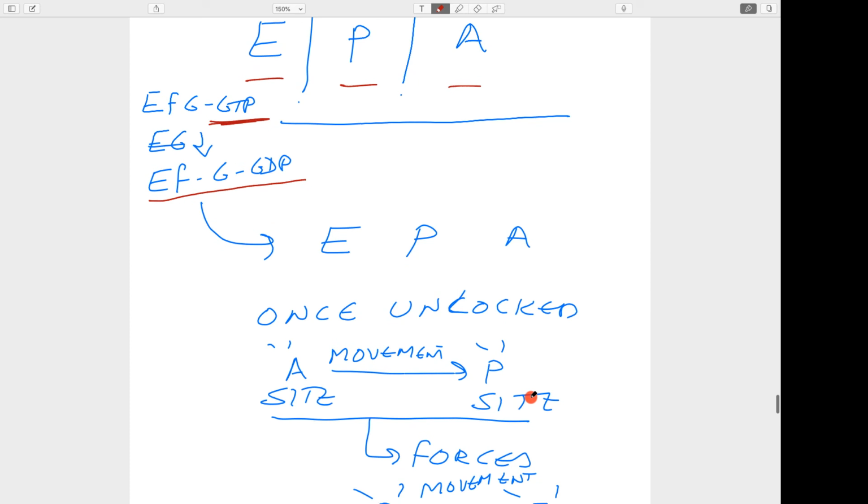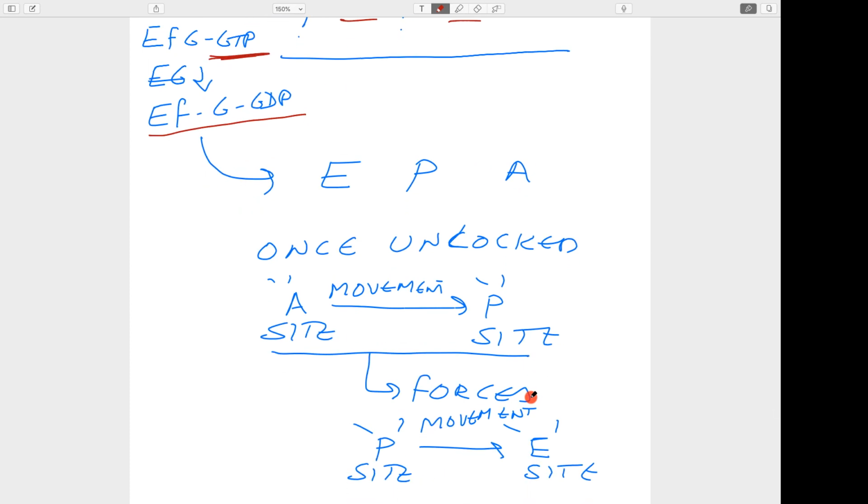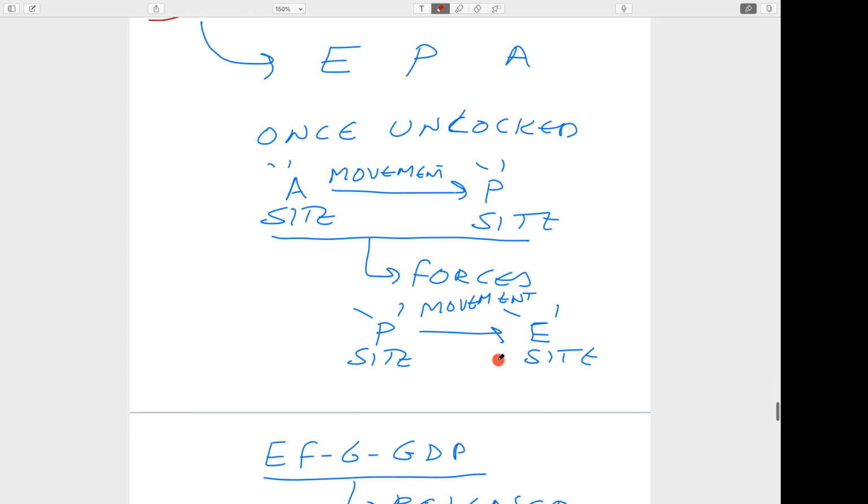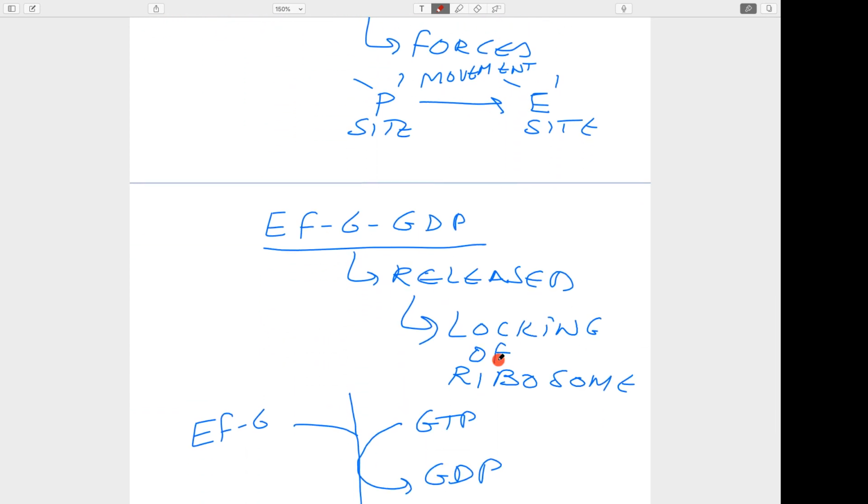Once it is unlocked, the movement of the A site to the P site takes place, which forces the movement of the P site into the E site. Then EFG GDP is released. How beautifully and systematically it has taken place. Once EFG GDP is released, locking of the ribosome takes place. There can be no movements at present.